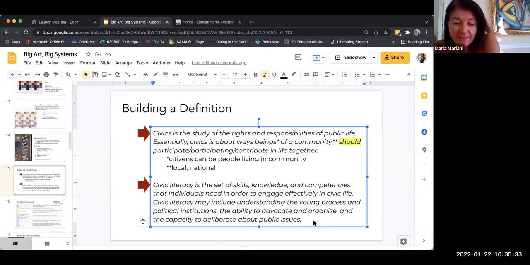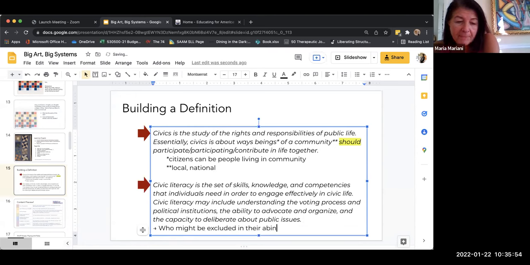Well, this statement makes it seem that there are people who will be excluded in their ability to advocate if they have restricted rights. For example, a green card holder, or an undocumented person, or other people who may not be able to advocate for themselves.